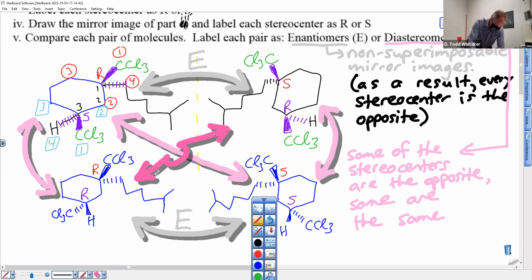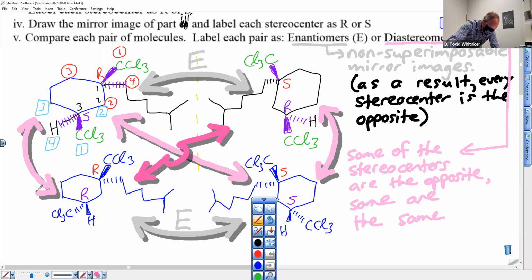Those are all molecules where one of the stereo centers changed and the other stayed the same. So here the red stereo center stayed the same. The purple changed. Here going across down diagonal, red changed, purple stayed the same.